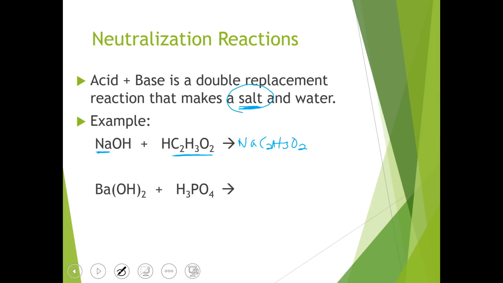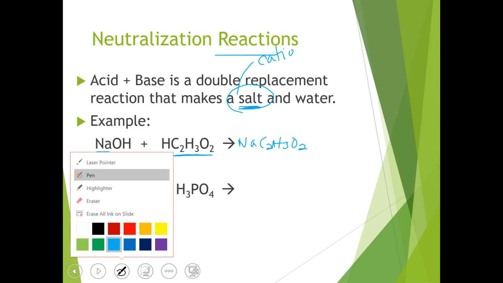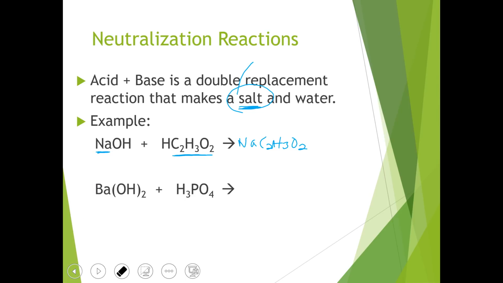So that salt is always going to be the cation. I don't think the blue shows up that well, so let me go darker again. So the cation from the base, right, with, once again, the anion from the acid.